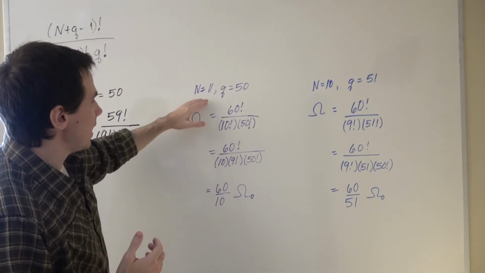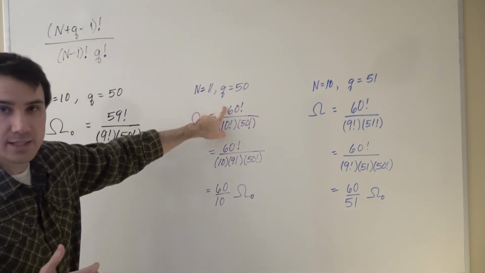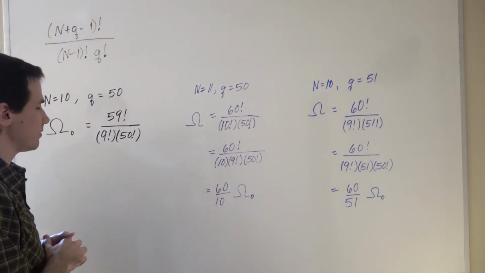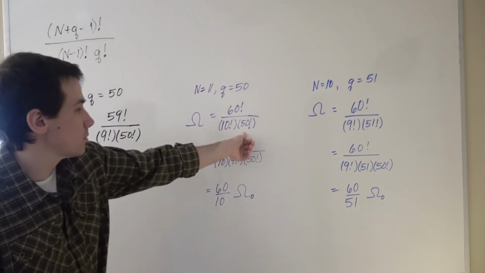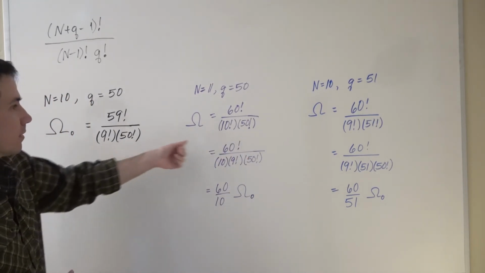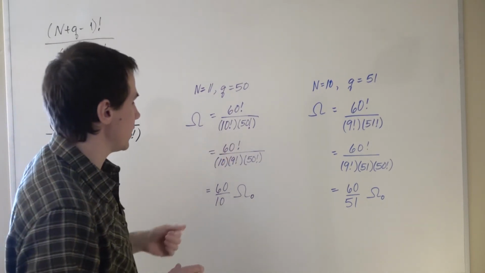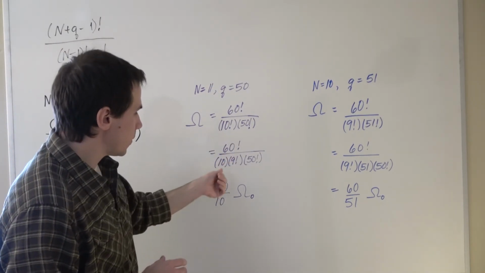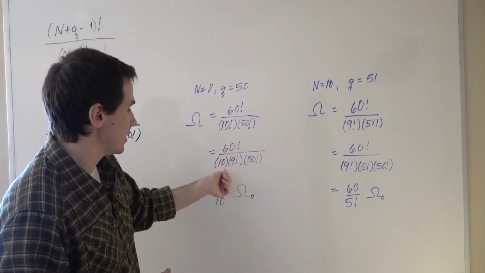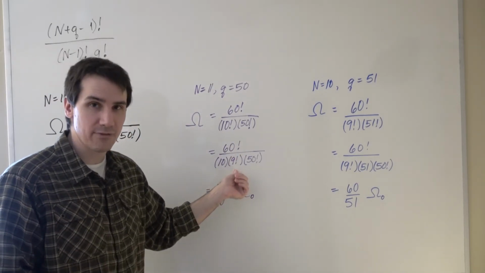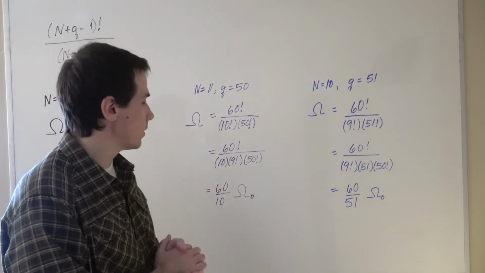Well, when we add 1 oscillator, our numerator goes to 60 factorial instead of 59 factorial. And our denominator, our q factorial, stays the same, and our n factorial, or our n minus 1 factorial, bumps up by 1. We can pull the 10 out, so this 10 factorial looks like 10 multiplied by 9 factorial, right? 10 factorial is just 10 multiplied by 9 factorial.